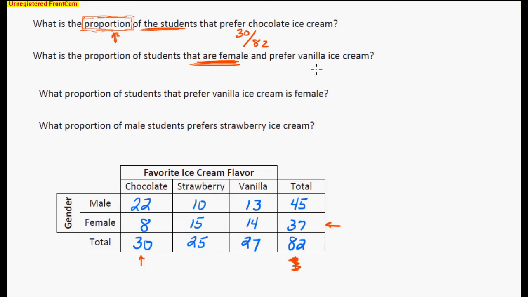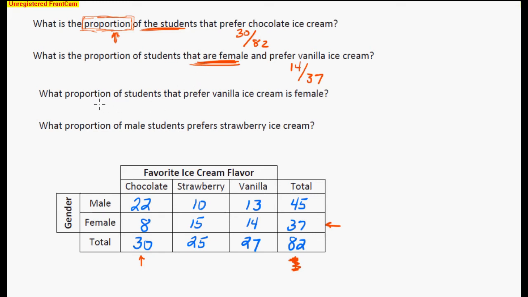So what proportion of the students that are female prefer vanilla? Well, only 14 are female and prefer vanilla. So this is going to be 14 out of 37.